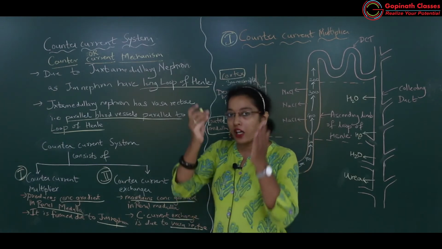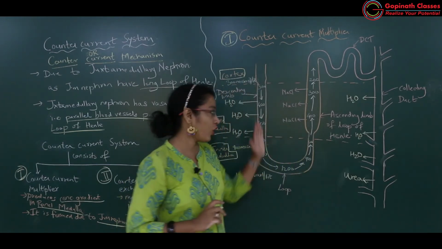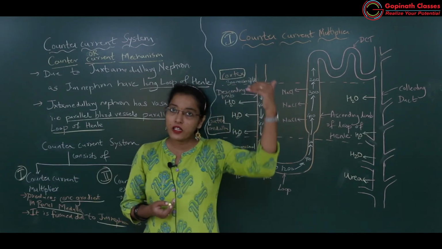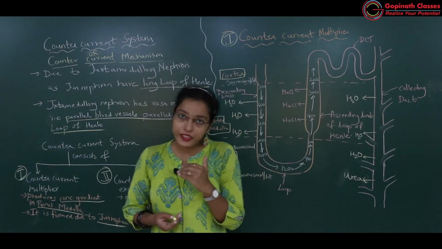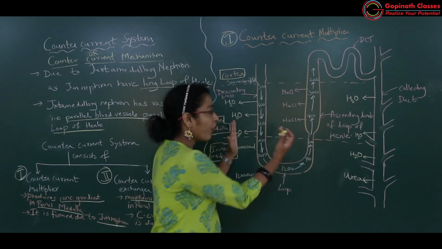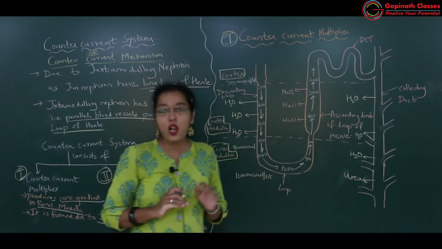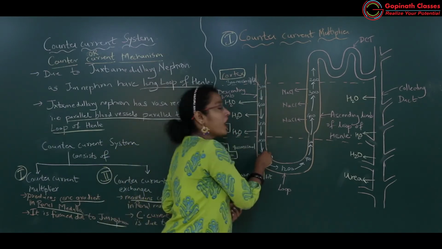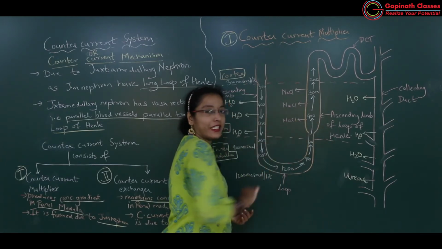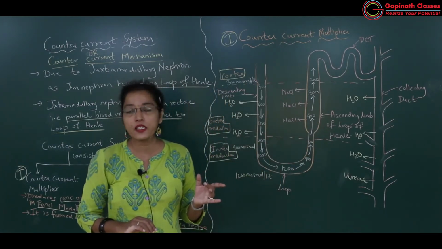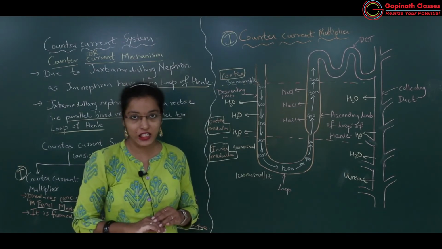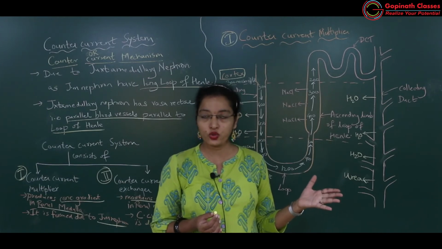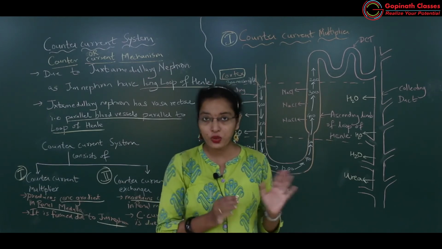Around this long loop of Henle of the juxtamedullary nephron, there is a blood vessel. There are many blood capillaries which surround the loop of Henle of the juxtamedullary nephron, and those blood capillaries which run parallel to the descending limb and ascending limb of the loop of Henle are known as vasa rectae. We have drawn the diagram of the nephron, so you can just refer to the diagram.